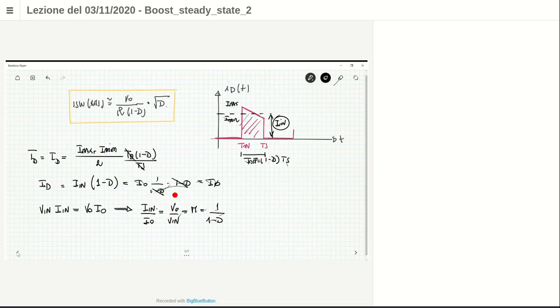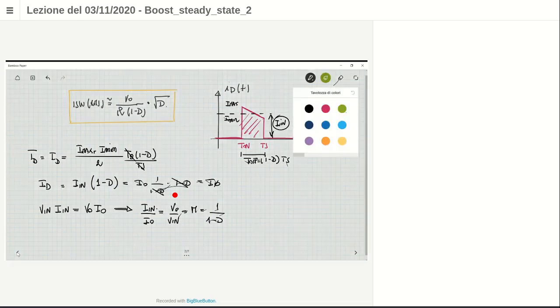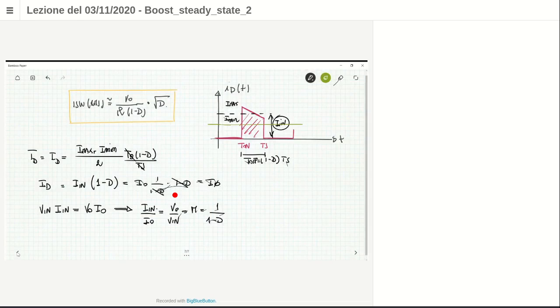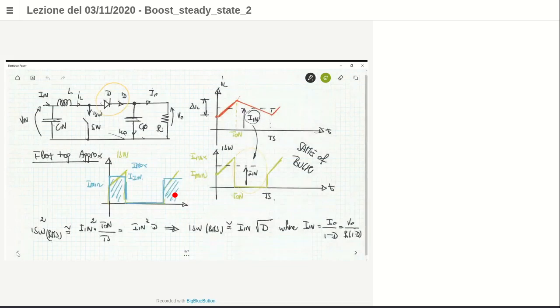So the average value of this current, which is somewhere here, is I naught. But this is not surprising at all, okay? Because if you look at the circuit, the DC current flowing to the output capacitor C naught is null in steady state. A charge balance condition holds in any capacitance.